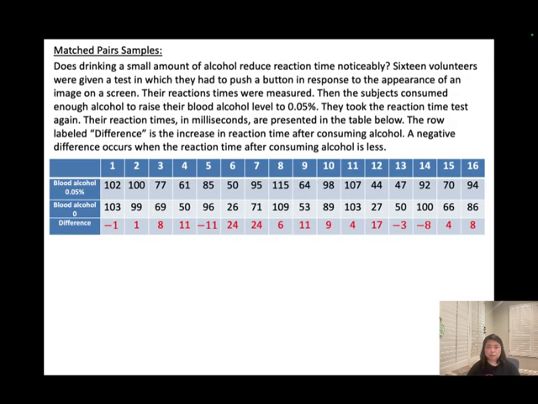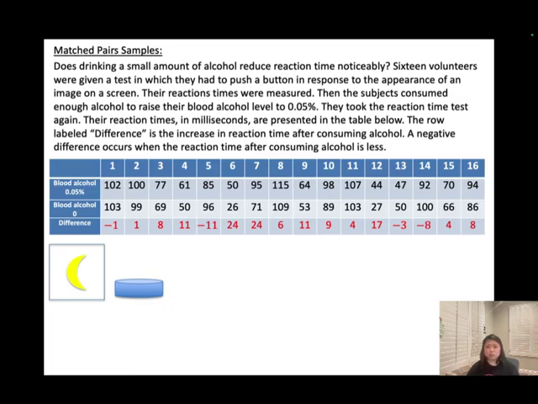Look at another matched pair example. Does drinking a small amount of alcohol reduce reaction time noticeably? Sixteen volunteers were given a test in which they have to push a button in response to the appearance of an image on a screen. When they see the moon, they have to push the button, and their reaction times are measured.